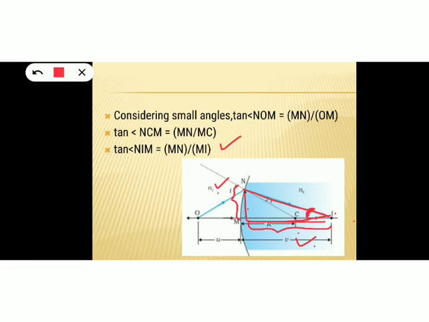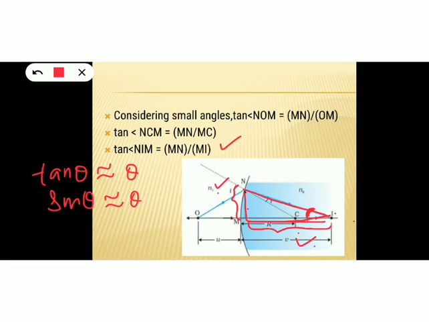And again here we can make some assumptions. These are very small angles, so we can apply the small angle approximation. For small angles, tan theta is approximately equal to theta. Similarly, sin theta is approximately equal to theta.